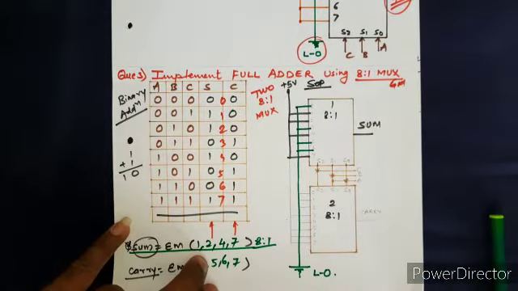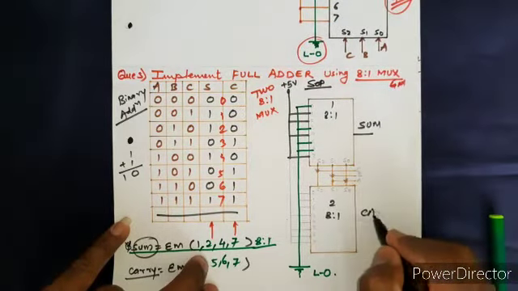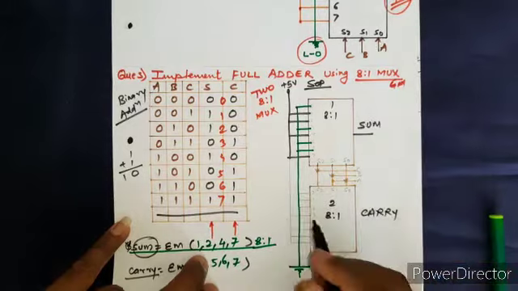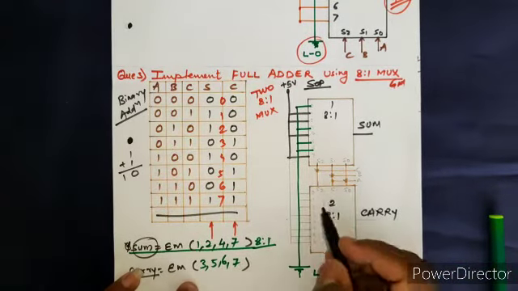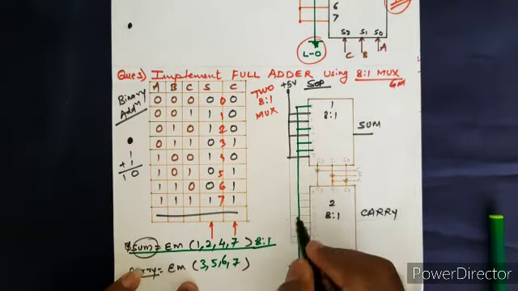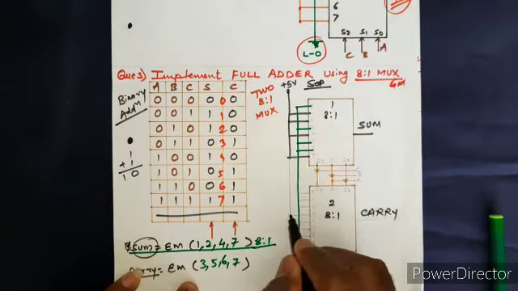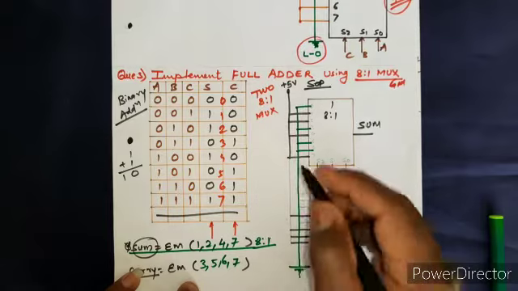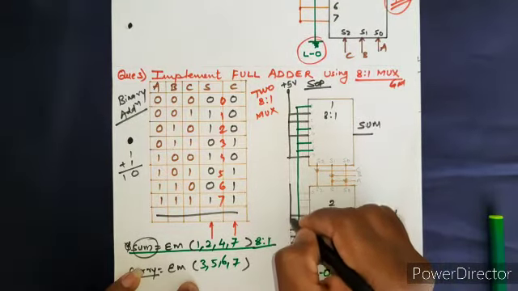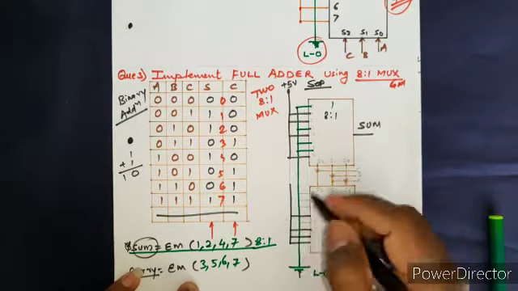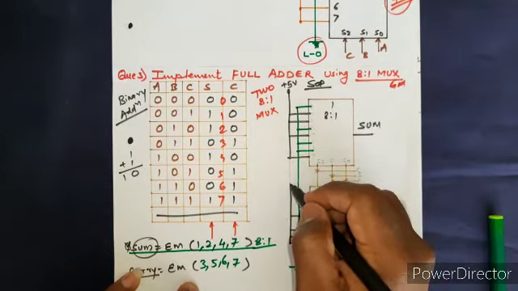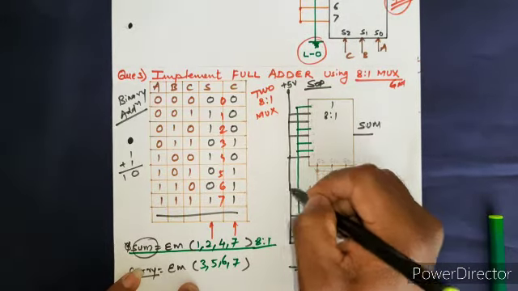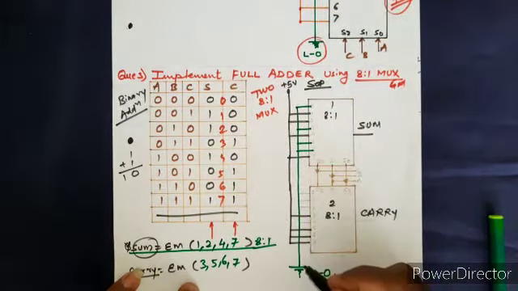This is about sum. Now what about carry? For carry we have 3, 5, 6, 7, and they are connected to logic level 1. You can separately put this, or you can directly connect this to logic 1.